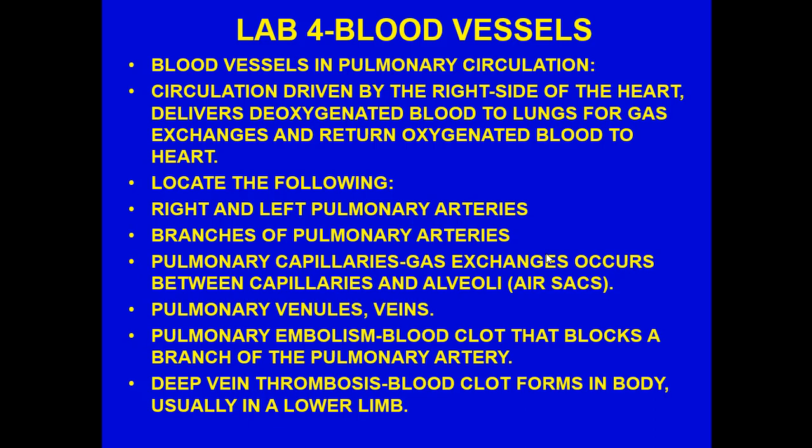Now, deep vein thrombosis, this is a blood clot that forms in the body, usually in the lower limb. Sometimes it's because of low circulation, low movement, and that can happen when you have very long flights going across many time zones. For example, Australia to Boston, San Francisco back over to New Delhi, India.